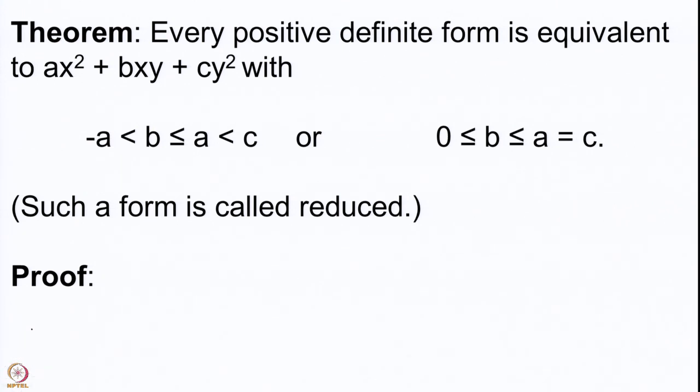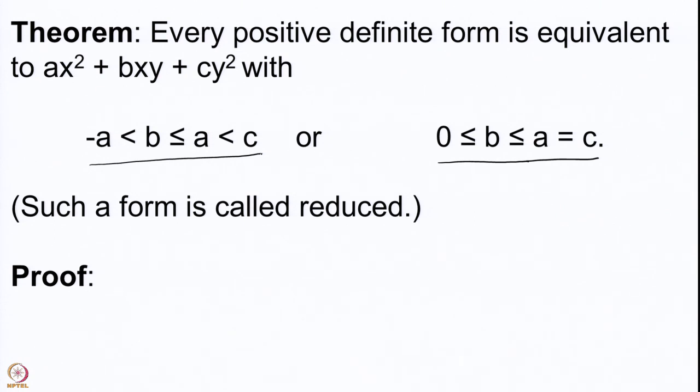So, the conditions depend on the behavior of a and c. If you have a equal to c, then b will be only between 0 and a. b is always positive and it is between 0 and a. Further, if a is less than c, then b has a slightly more relaxed behavior. It can take negative values, but it will not go beyond minus a, it will not even take minus a.